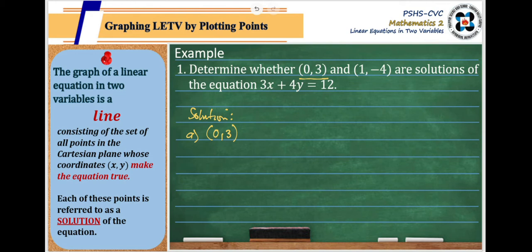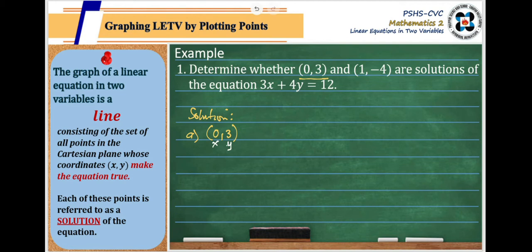Remember that in the point (0, 3), 0 is the x coordinate and 3 is the y coordinate. So in this point, the value of x is 0 and the value of y is equal to 3. So what are we going to do?